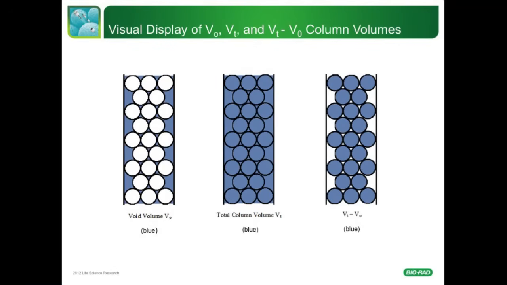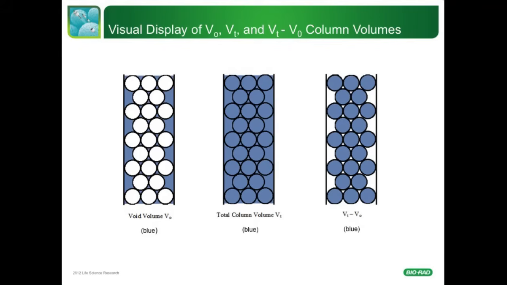This slide shows a visual display of the volume definitions that I just reviewed. On the left-hand side, the blue represents a size exclusion column, and the blue represents the void volume, or the volume outside the particles.